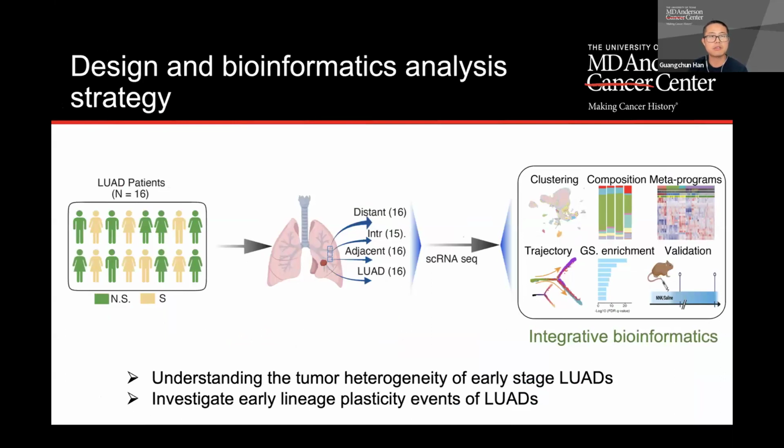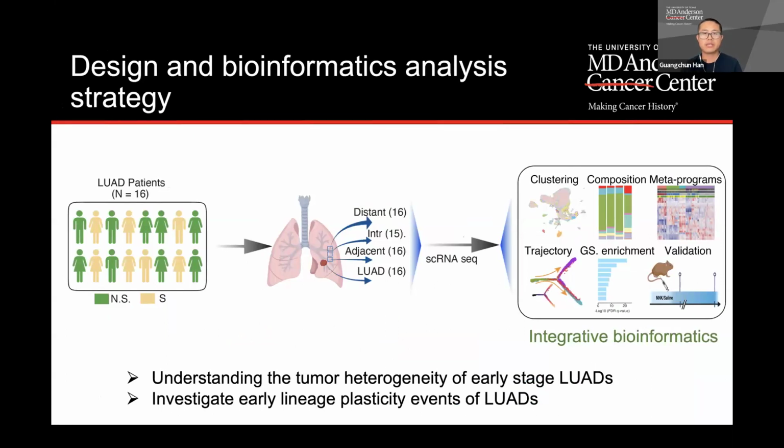Now I'm going to show the design of the study I'm going to tell you about today. In this cohort, we enrolled 16 patients, and for each patient, we did similar sample collections. That means for every patient, we collected four samples, including the tumor and the adjacent normal lungs.